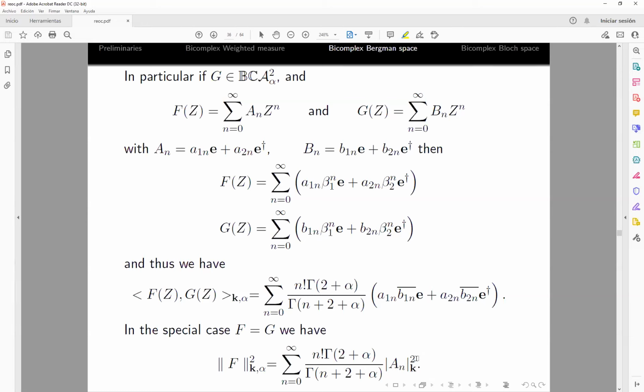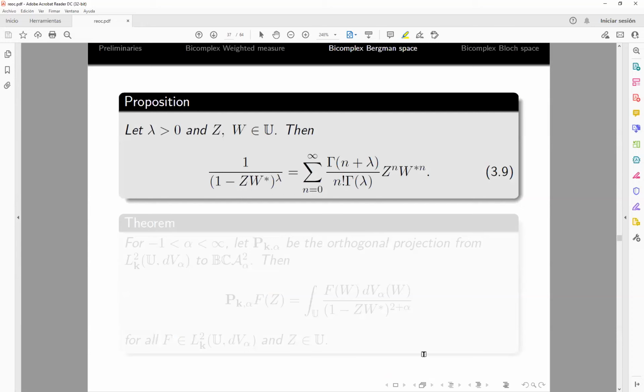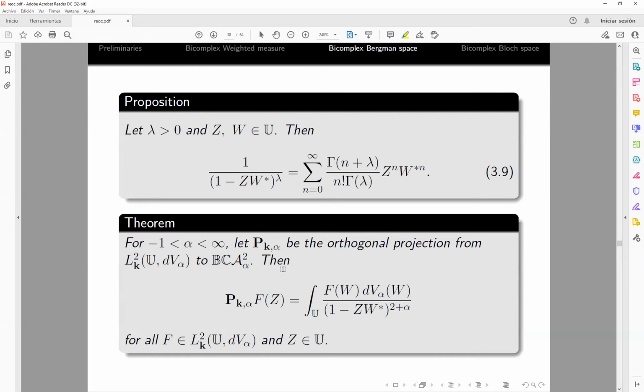As you can see, we are recovering the classical results in the classical Bergman space. And the coefficients are quadratic summable. I am repeating this result because now we want to study the following result.